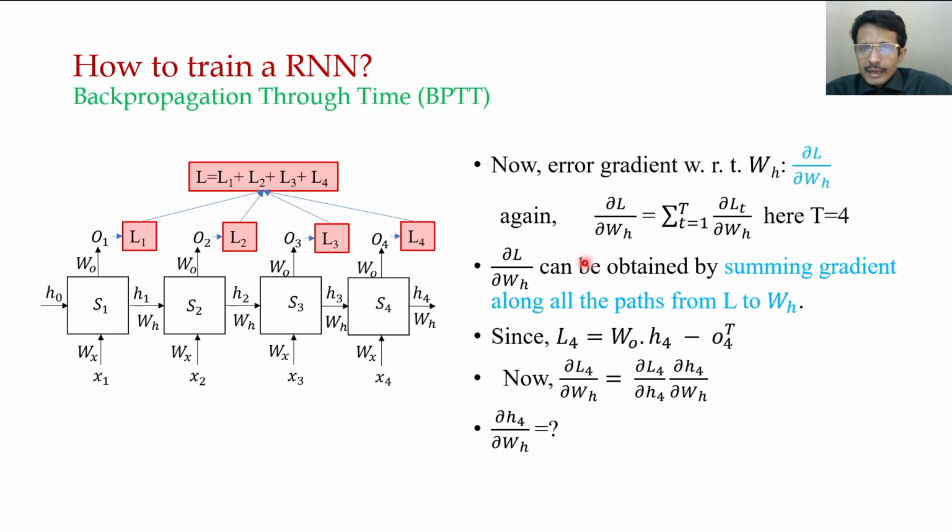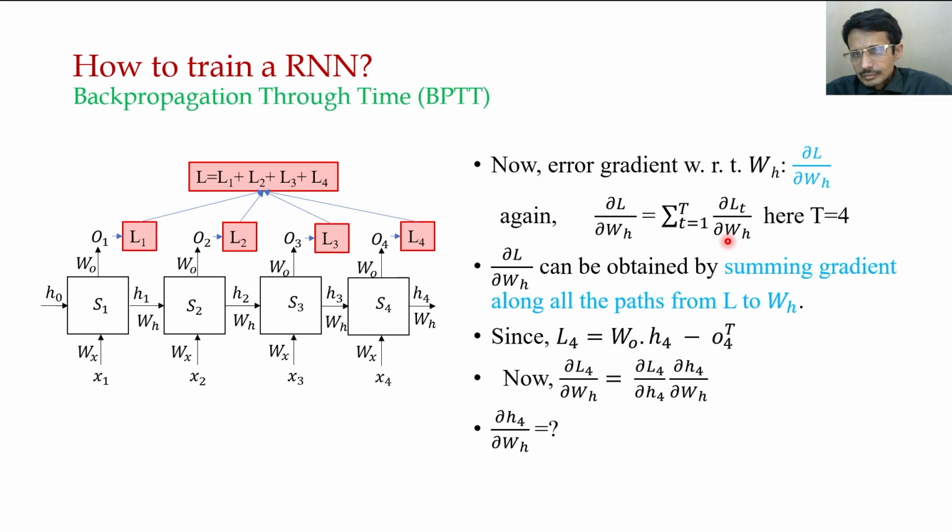Now how do we get this del L / del Wh? It can be obtained by summing the gradient over all the paths.